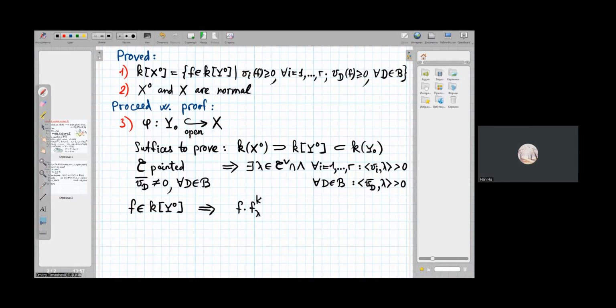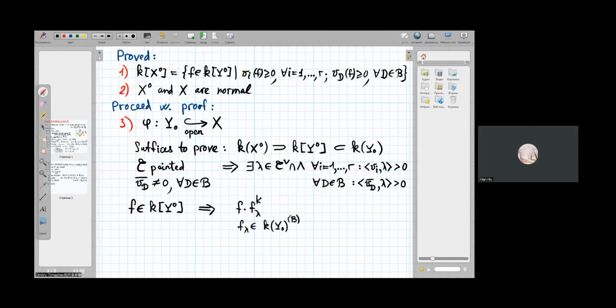Where is f lambda chosen from? F lambda is taken from this lambda. So lambda is a lattice vector in the weight lattice, and you may consider a semi-invariant function corresponding to this weight. F lambda is sitting in the field of B semi-invariant, so in the semi-group of B semi-invariant rational functions in here.